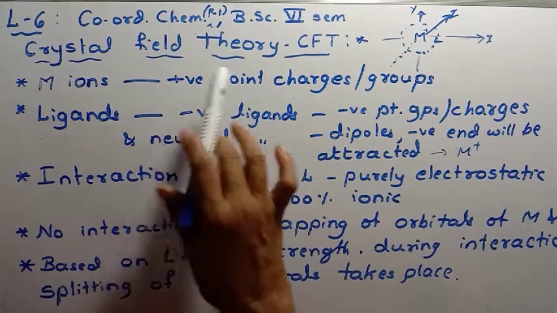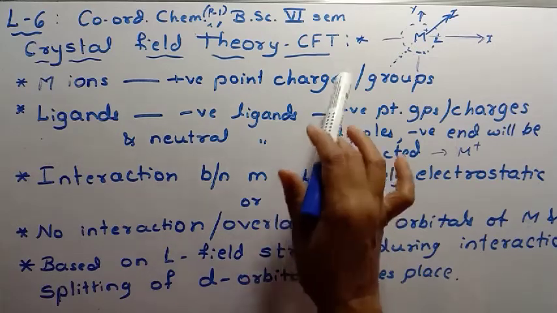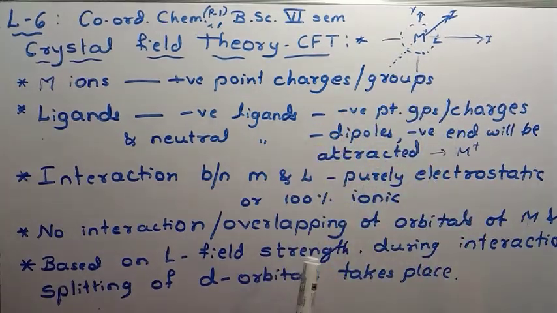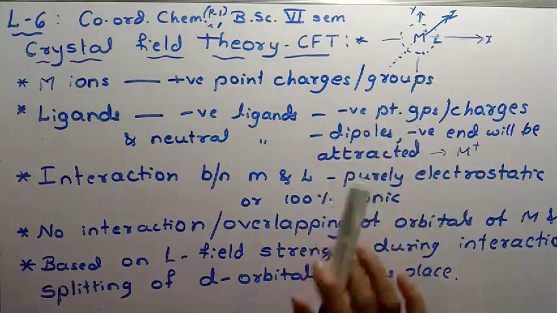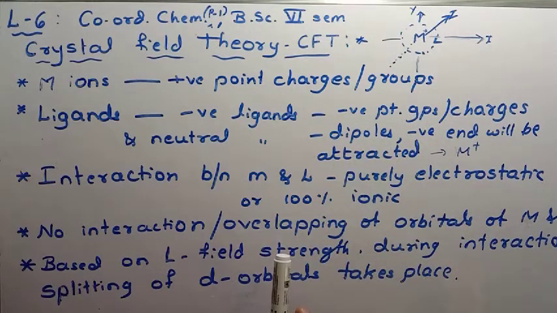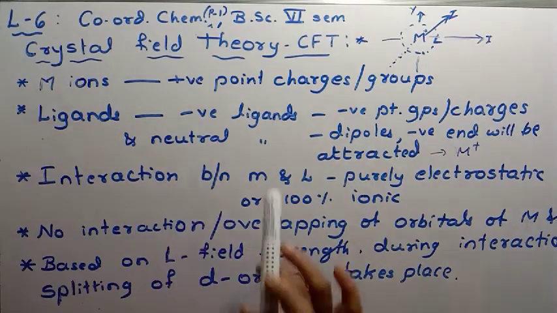Let us go through the main postulates of this theory. The first postulate says that the metal ion will be surrounded by a definite number of ligands, and the ligands must have at least one lone pair of electrons. The second point is that metal ions are regarded as positive point charges.